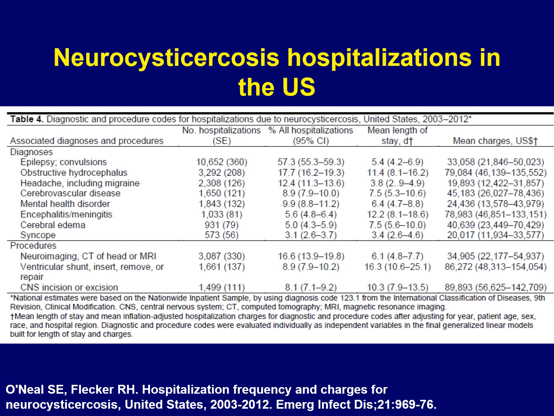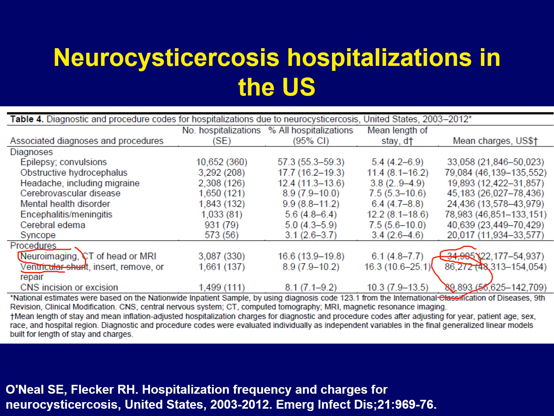And in terms of procedures, obviously neuroimaging, we need it for diagnosis, and this is certainly an important contributor of costs, but also things like ventricular shunts and neurosurgery for incision or excision of the cysts. This results in major costs as well.